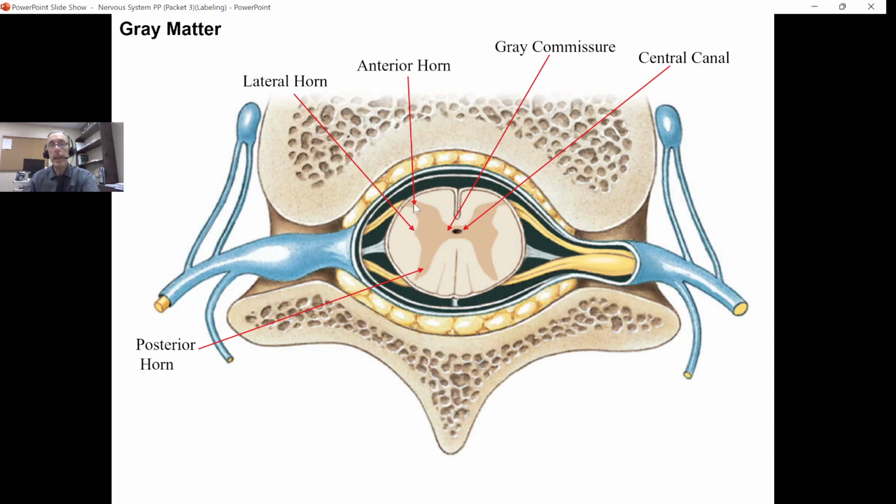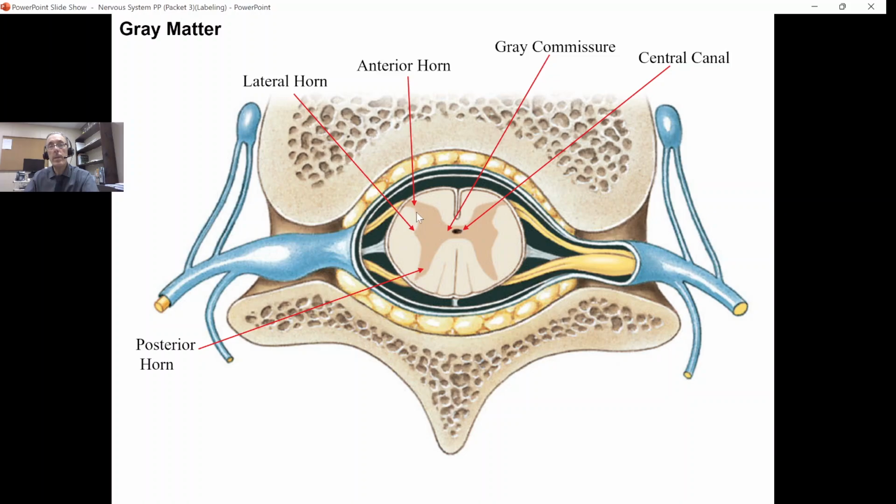Now, the anterior horn does not receive information, but rather it's going to have outflow. It's going to be efferent. So what happens is this, and I'll show you another picture in a moment. The cell body of an efferent neuron would be right here, and then the axon would go out this way into the spinal nerve and leave the spinal cord that way.